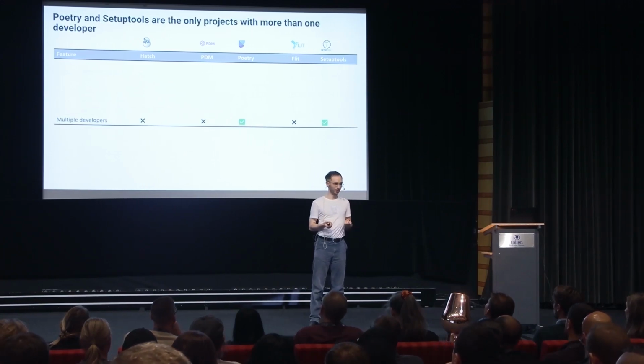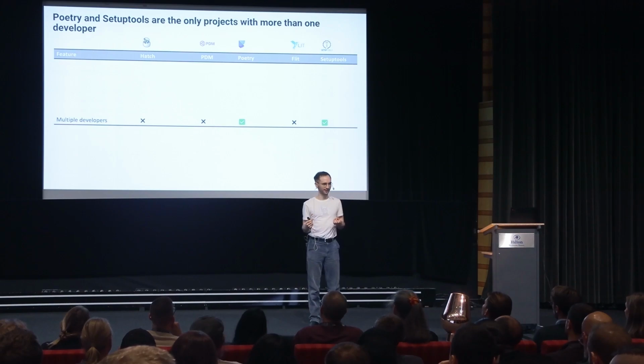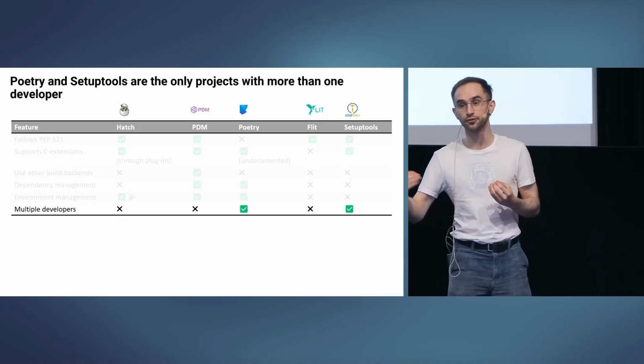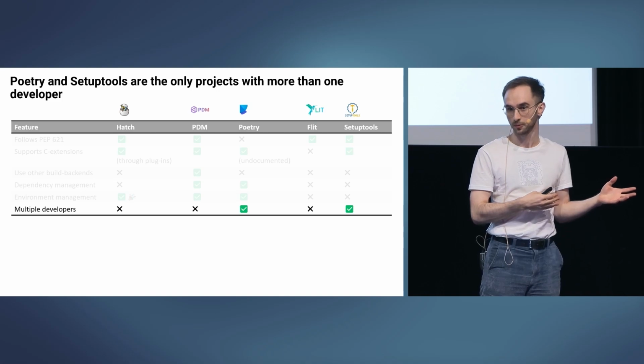Finally, more than one developer. These are all open source tools, and we don't want mission critical code that we're writing to stop working because an open source developer who's devoting their own spare time for free loses interest, or maybe they're not able to focus on it anymore.